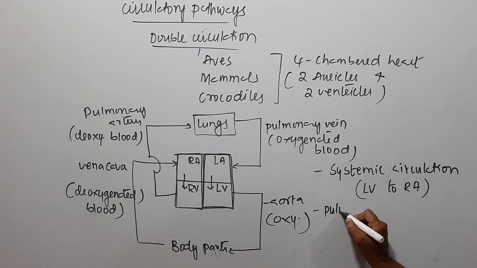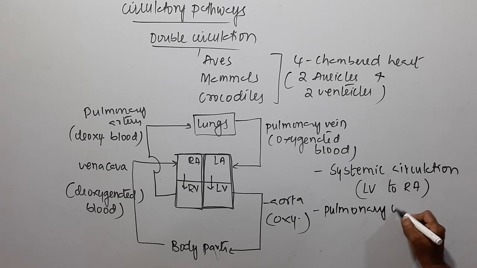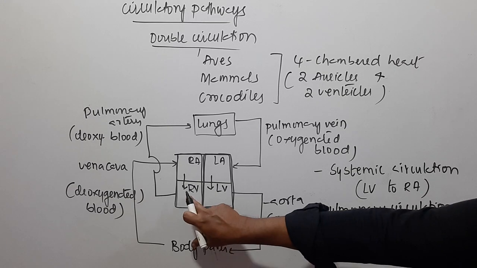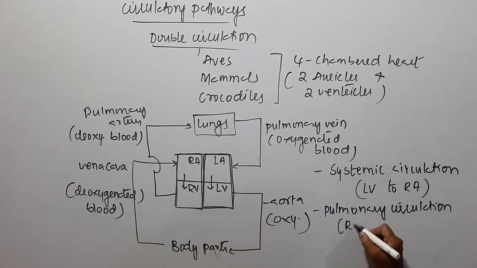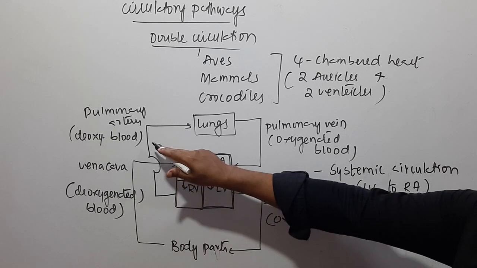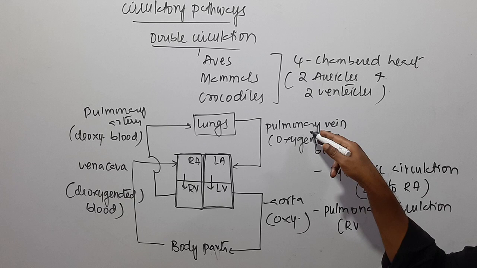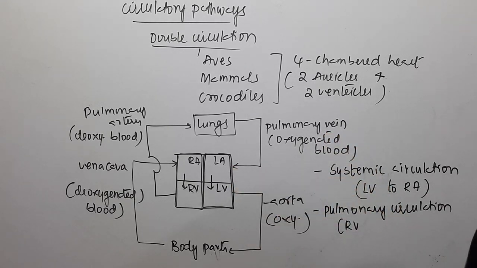Then coming to pulmonary circulation, it begins with the right ventricle, then through the pulmonary artery to the lungs, and from there through the pulmonary vein to the left atrium. So it will be from the right ventricle to the left atrium. This constitutes the pulmonary circulation.